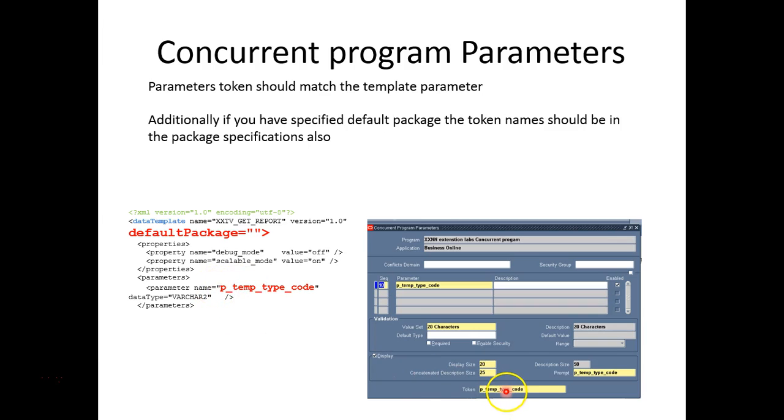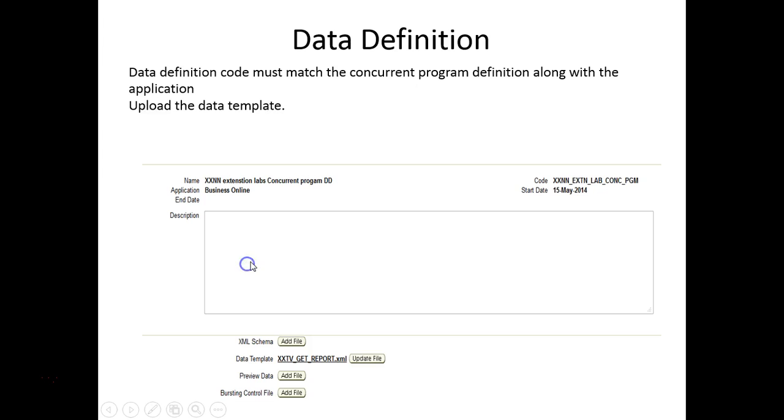The default package is an optional field which would be used to have your before and after report triggers. The token would also need to be defined in the package specification if the default package is used.